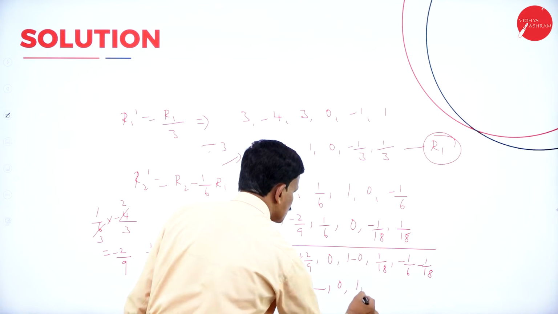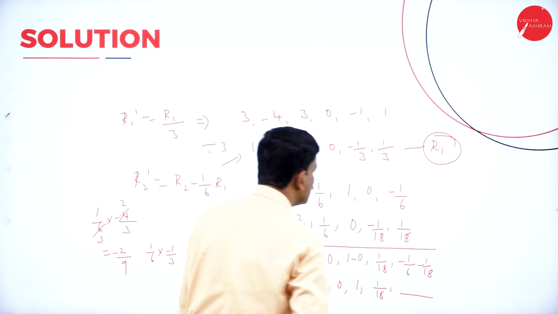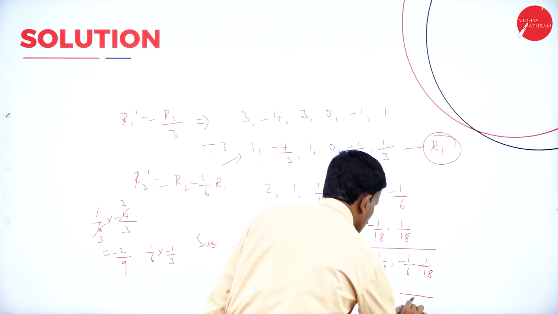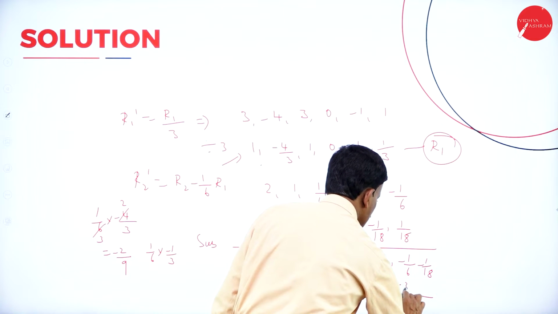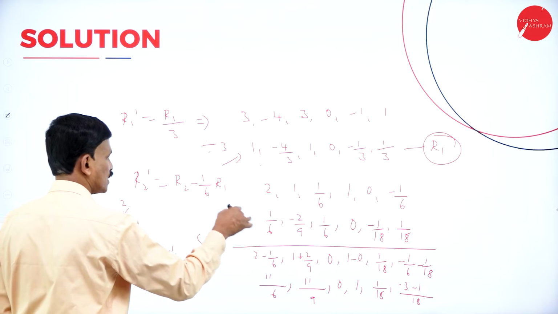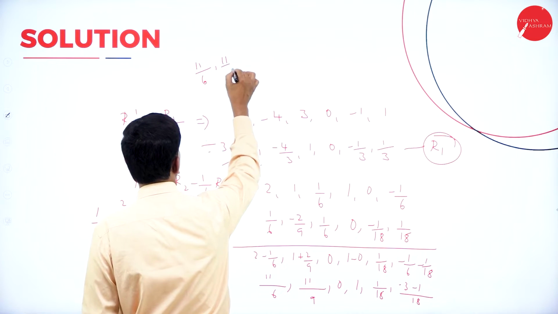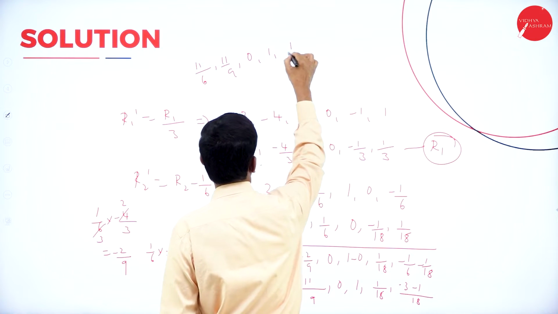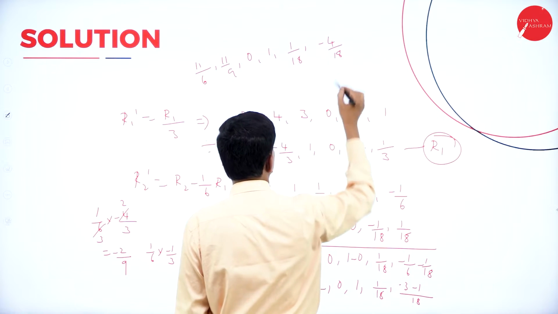This is 0, this is 1, this is 1 by 18, and here 18 is the LCM: 6 3s are 18, minus 3 minus 1. So the answer we are going to get is 11 by 6, 11 by 9, 0, 1, 1 by 18, minus 4 by 18.